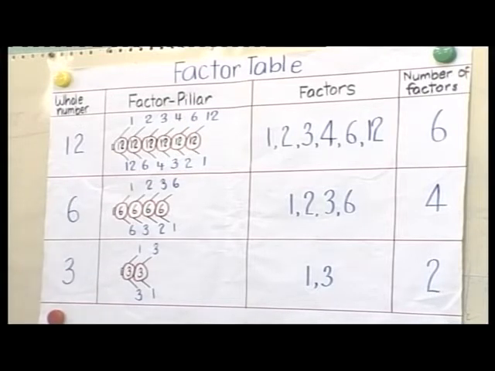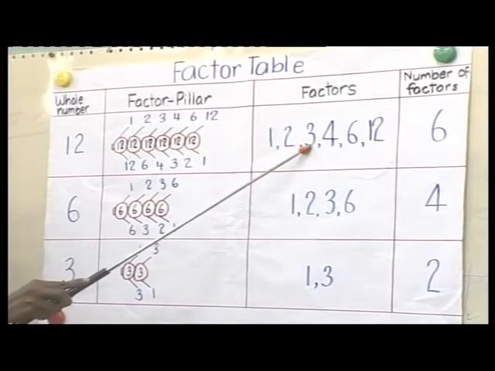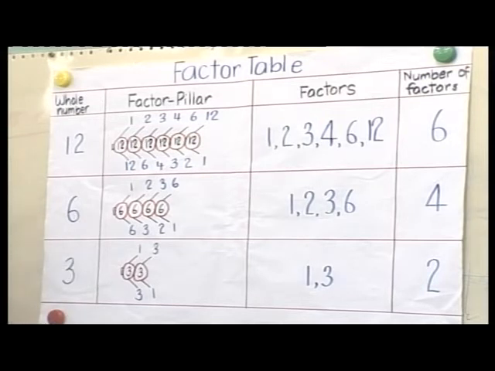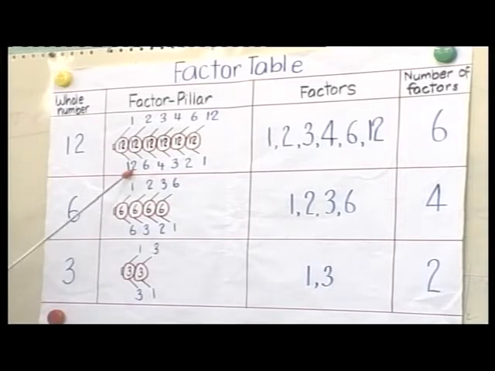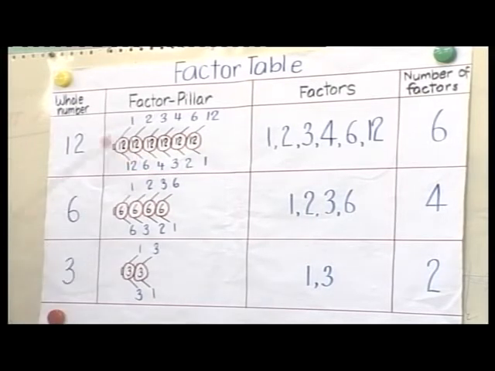So the factors of 12 are 1, 2, 3, 4, 6, 12. You don't say 12, 6, 4, 3, 2, 1 again. This is just reversed, but these are pairs of numbers.